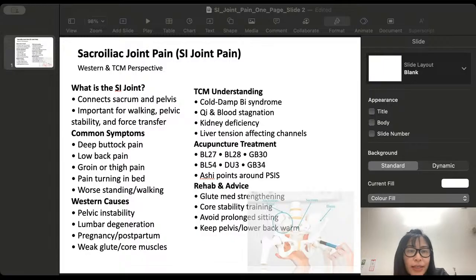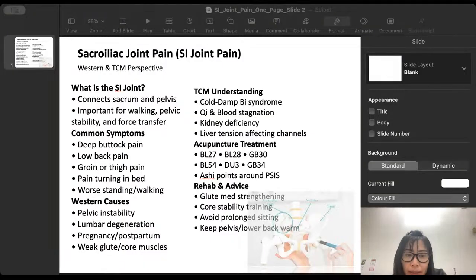There are some red flags you have to know. If you have bowel or bladder dysfunction, or very severe leg weakness where you can't even walk, or numbness which rapidly worsens, or fever, high fever, or unexplained weight loss, then it's time to go and see a doctor, because we have to rule out cauda equina syndrome, infection, tumor, and inflammatory arthritis.